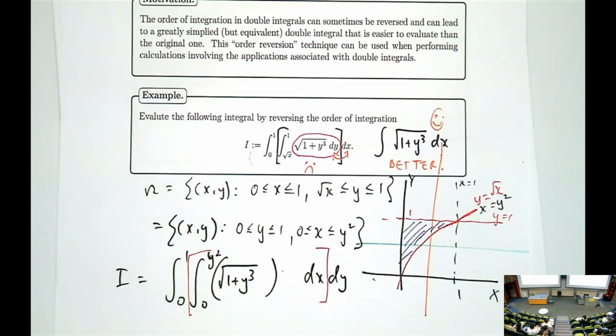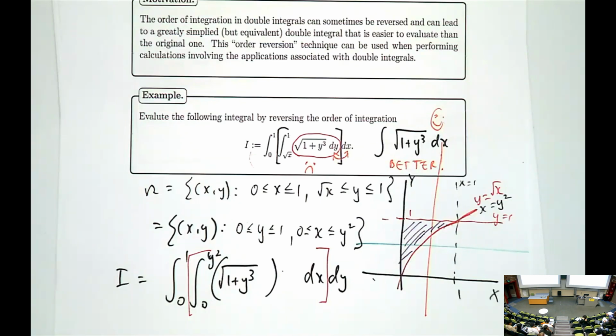So we can switch it from the bottom being the square root of x and the top being 1 to now 0 to y squared? Mm-hmm. How exactly does that work? Same region.